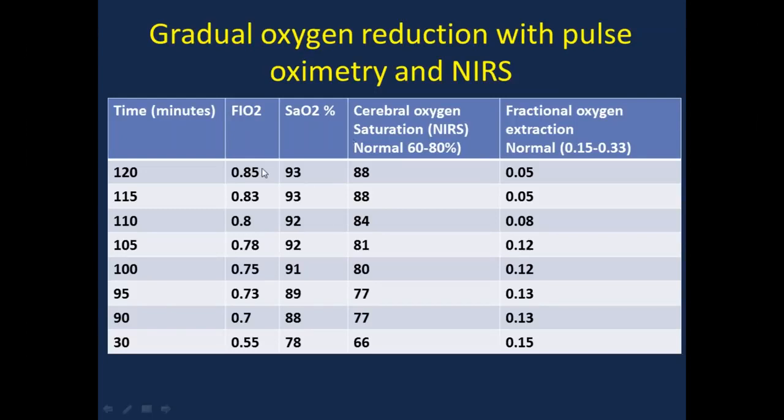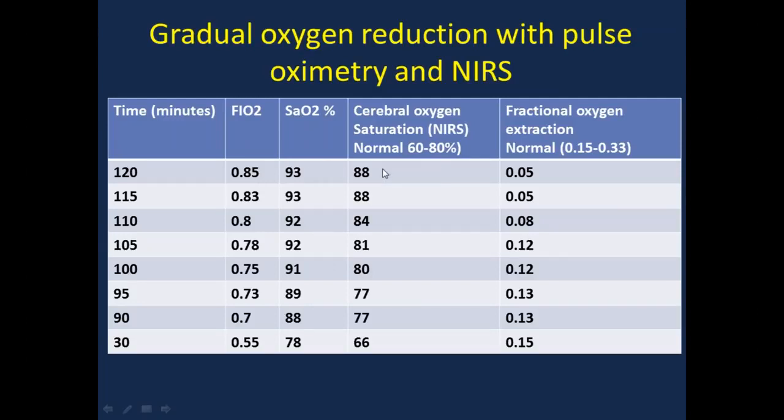And then we started to wean oxygen further. The saturation did not change significantly with decreasing the FiO2. What does that mean? Significant right to left shunt. So significant change in inhaled oxygen fraction, but without significant change in saturation. Significant right to left shunt.